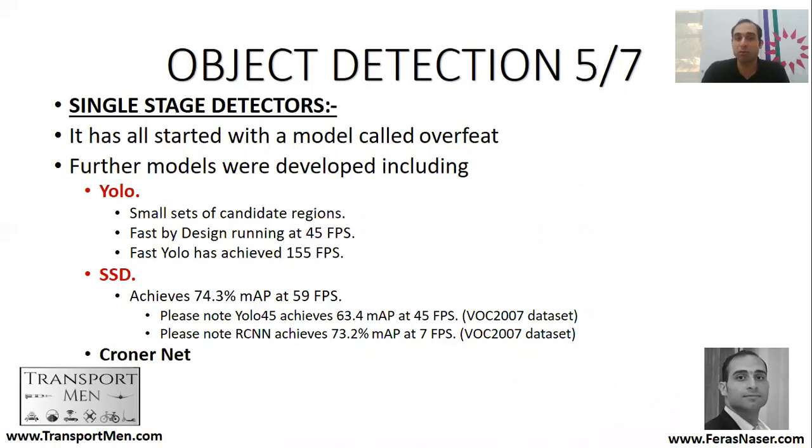In the beginning, it was fast by design, running at 45 frames per second. Then they developed a new version of the model called Fast YOLO or YOLO 9000. I'm not confident of the name, but it achieved 155 frames per second.